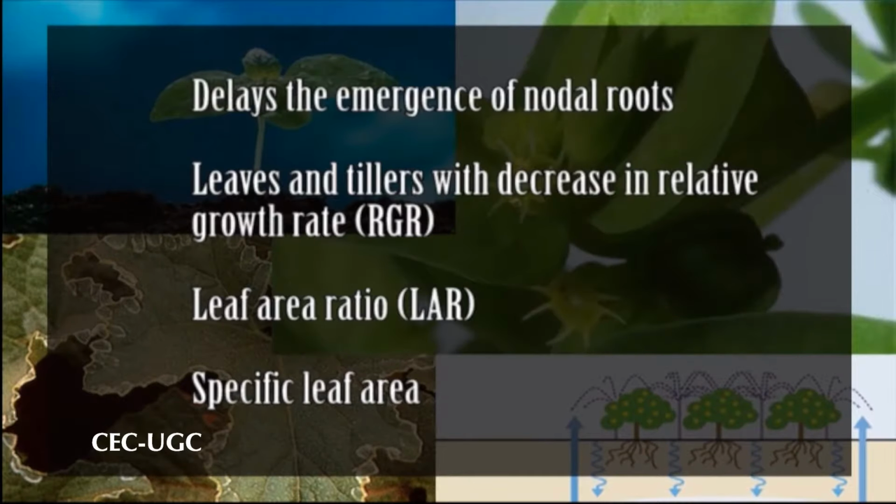High salinity stress also delays the emergence of nodal roots, leaves, and tillers, with a decrease in relative growth rate (RGR), leaf area ratio (LAR), and specific leaf area. Stomatal conductance, leaf-level transpiration, and internal carbon dioxide concentrations decrease at high salinity along with senescence.